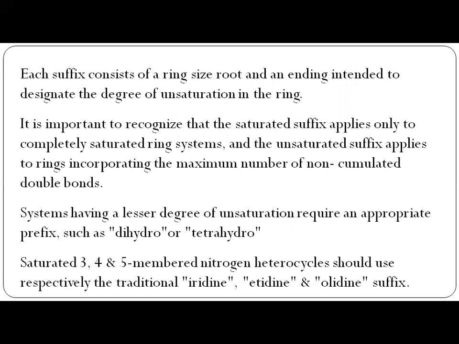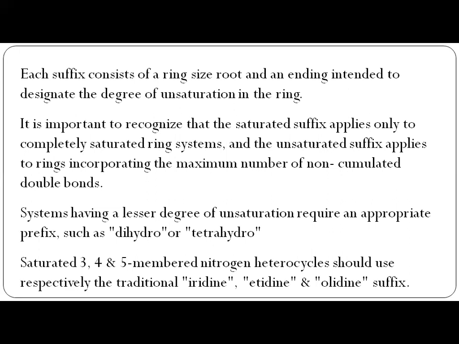After that, we have to see whether the system is saturated or unsaturated. If it is a saturated ring, and 3, 4 or 5-member nitrogen heterocycles are there, then we should use the traditional names iridine, etidine or olidine as suffixes. There are some examples: the terminal e in the suffix is optional though recommended. If we are going for a saturated 3 or 5-member ring, as we said, we are going to use the traditional names iridine and olidine as suffixes.